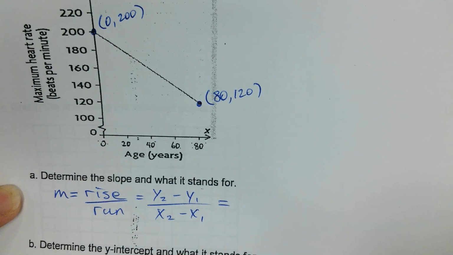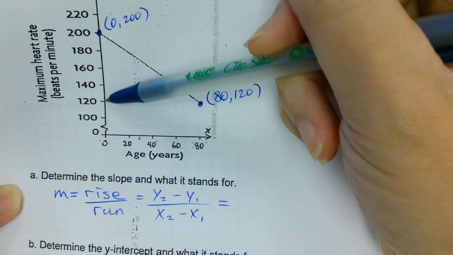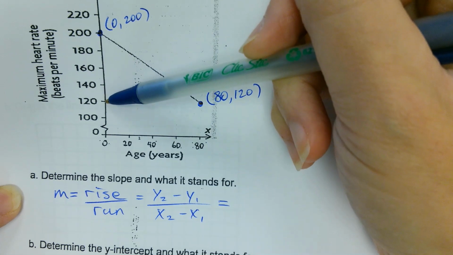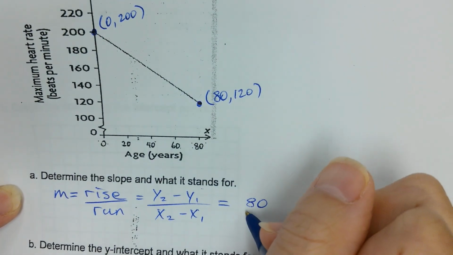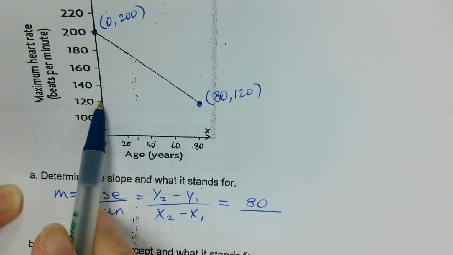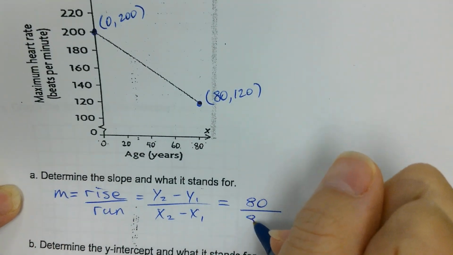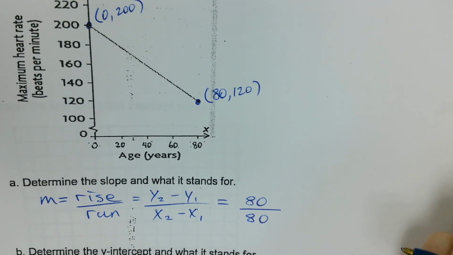Since I'm given a graph, let's do the rise over run. 80. And the run? 80. But what's wrong with what I wrote?